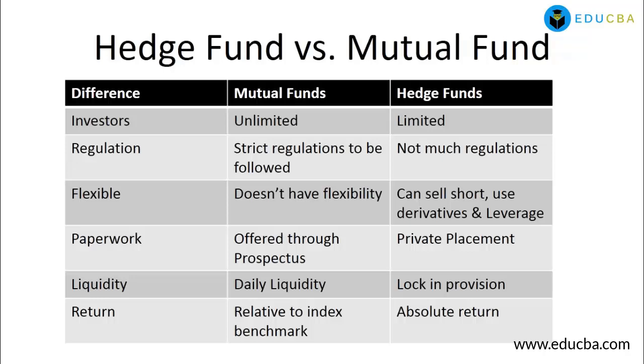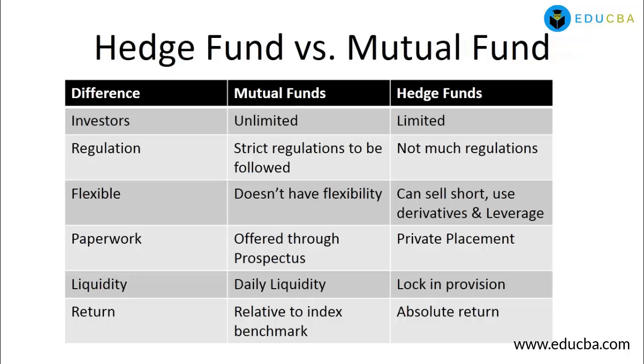In terms of returns, mutual funds always provide you a relative return. The relative return is relative to the index to which they are benchmarked. So suppose the mutual fund is operating in the US, they would be benchmarked to the Dow Jones. So then the returns would be relative to the performance of the Dow Jones, whereas hedge funds don't provide relative returns.